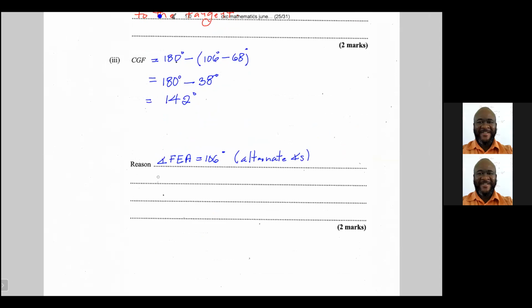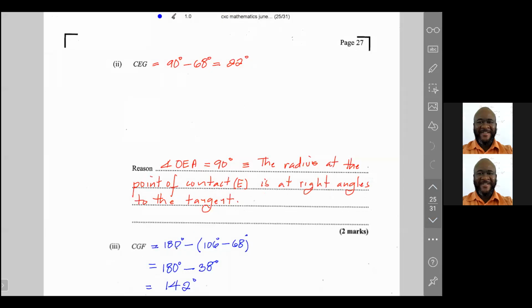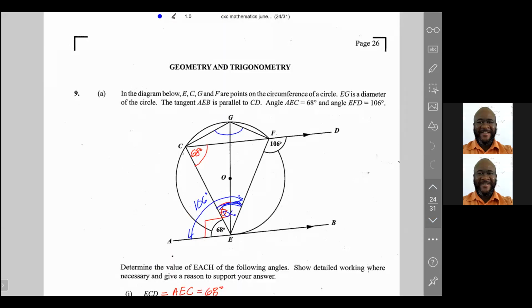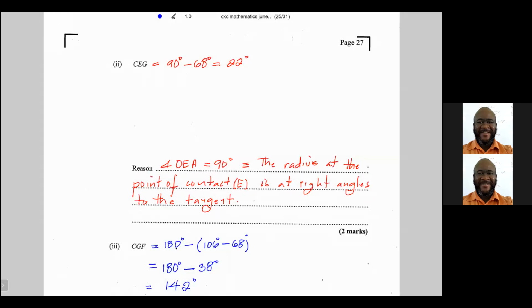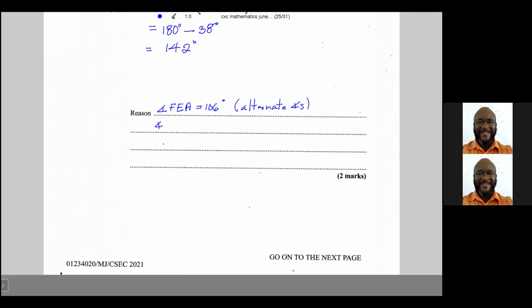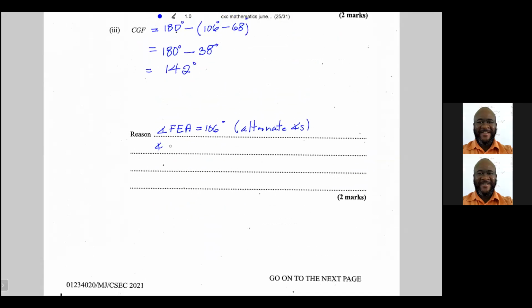Next, angle CEF, which is alpha. Angle CEF, which is alpha in our diagram, is equal to 106 minus 68. These are alternate angles. All right. And this was equal to 38 degrees.